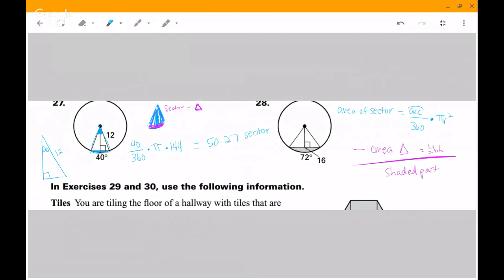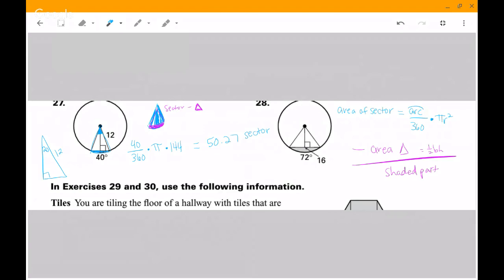You can do one at a time. Okay, so you'd use tangent to find the base. You can't use tangent yet because the piece that you know, the 12, is the hypotenuse. So you have to use one of them that has hypotenuse in it.